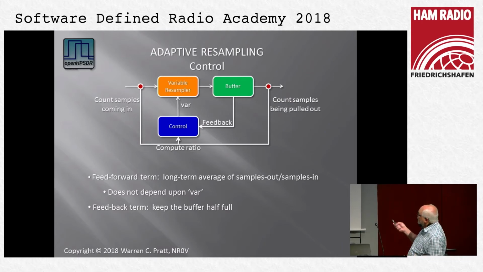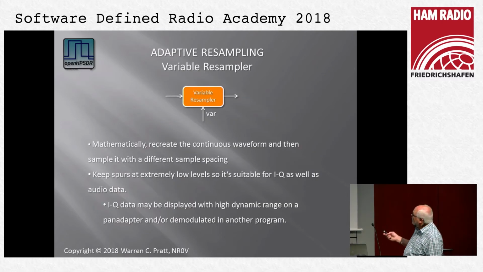Let's look at a little more detail at this interesting part called the variable resampler. Now, its job, we have a bunch of samples. What we want it to do is, mathematically at least, to recreate a continuous waveform and then to sample that continuous waveform at different times than the original samples. So that's its job.